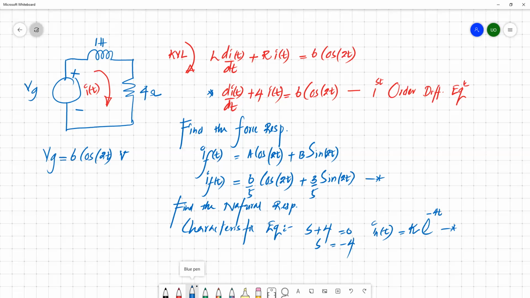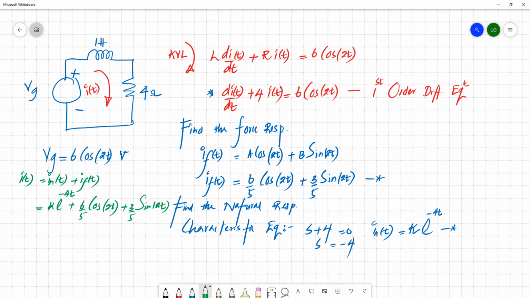Then the entire response would be the sum of these two, i natural plus i forced. So it's K times e to the power minus 4t plus 6 divided by 5 cos 2t plus 3 divided by 5 sin 2t.